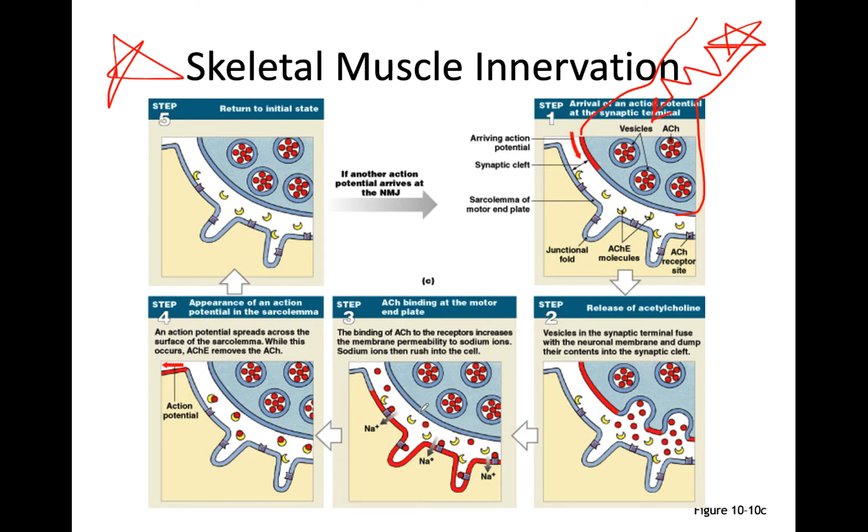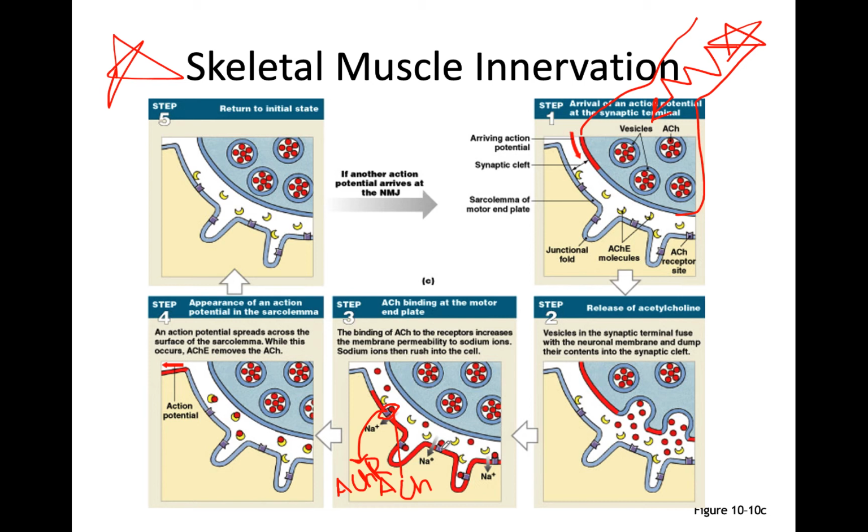Acetylcholine will then go and bind to the acetylcholine receptors. So in red, right there, is the ACh, and in purple, we call it the AChR. R stands for receptor. So the acetylcholines will come and bind to these receptors that are found in the sarcolemma.